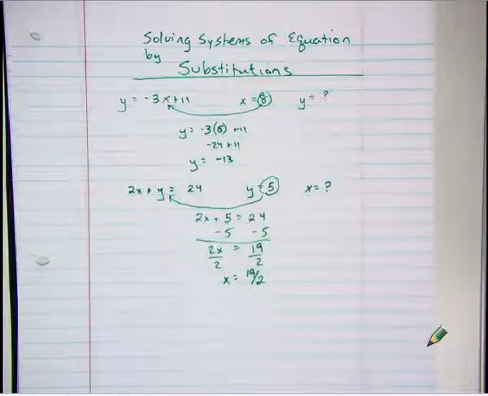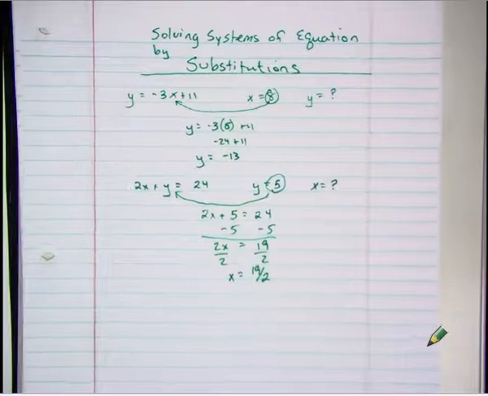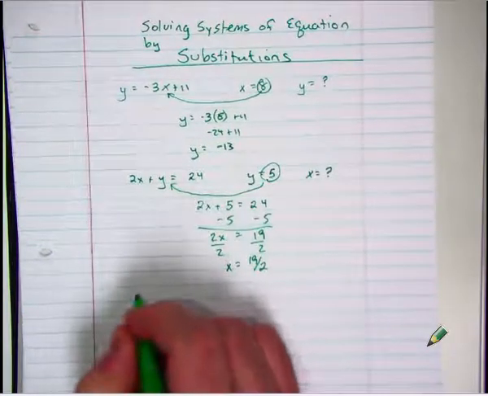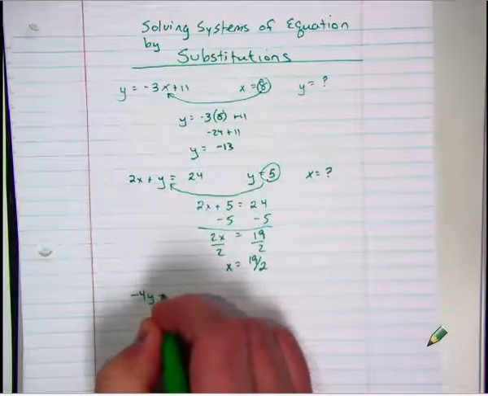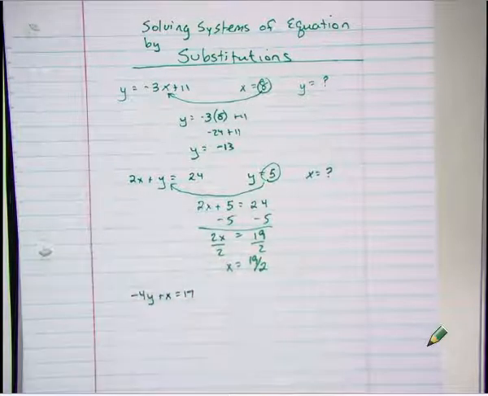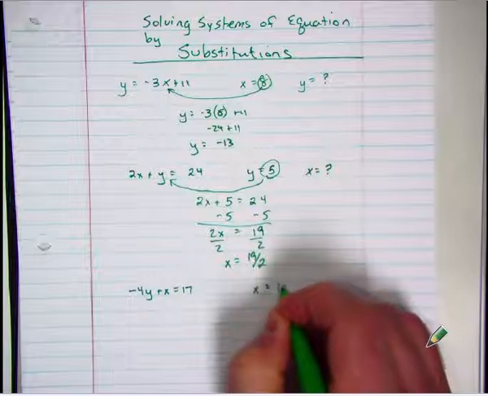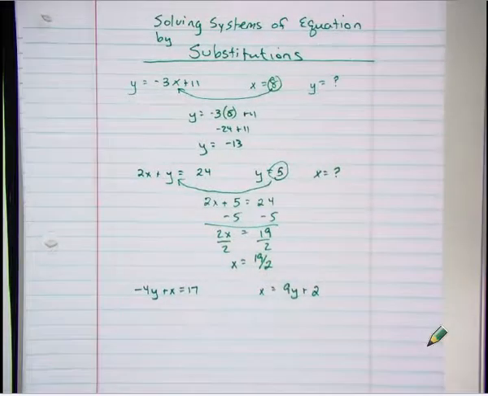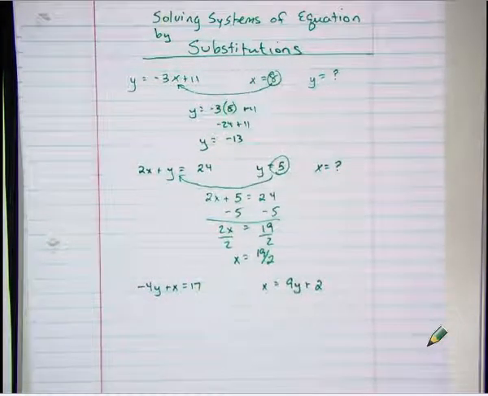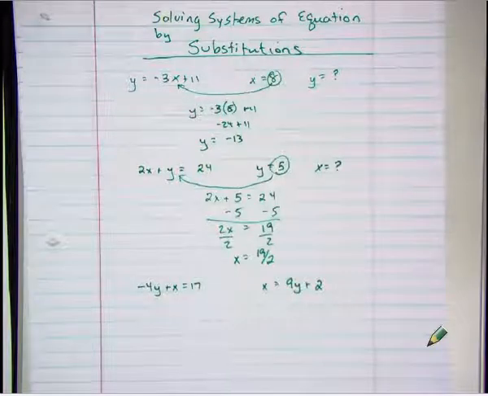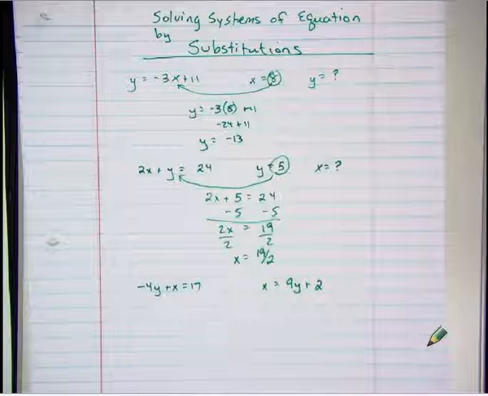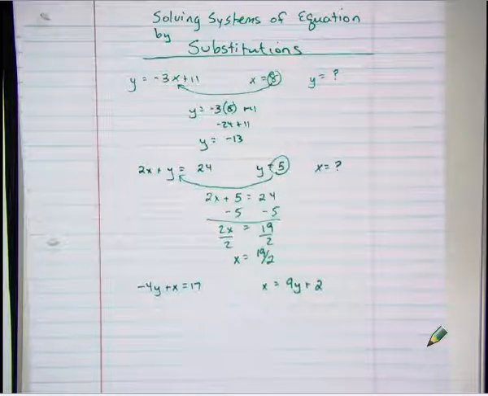What's new is now we're going to look at not just replacing a regular number. So if I gave you something like negative 4y plus x equals 17, and then I told you that x equals 9y plus 2, notice that x is not something as simple as the number 8. It's actually an expression. That doesn't change the way that we can think about it, though.